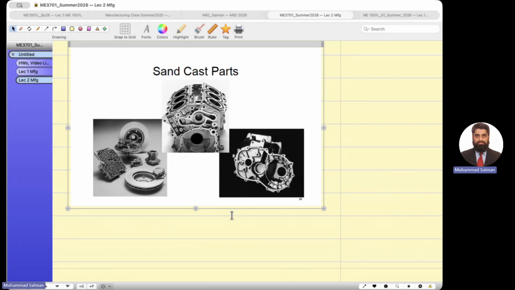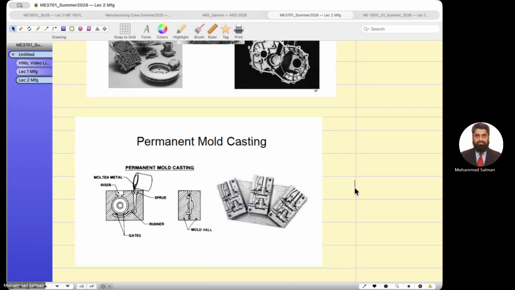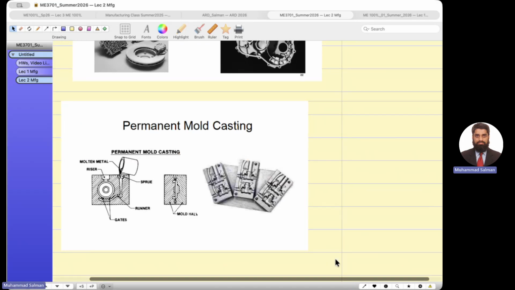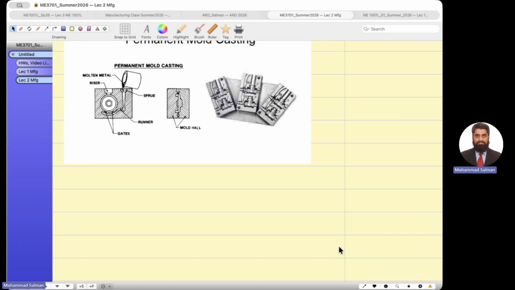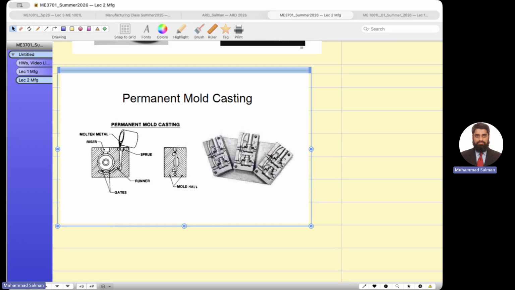And then comes the permanent mold casting where we have a die. In the die process, we make the dies first out of metal, maybe steel or alloy steel, so that it is permanent. You don't have to break the die. You just open the die and knock out the part once it is solidified. The gating system is at the bottom.